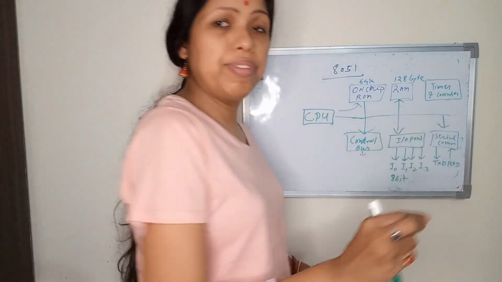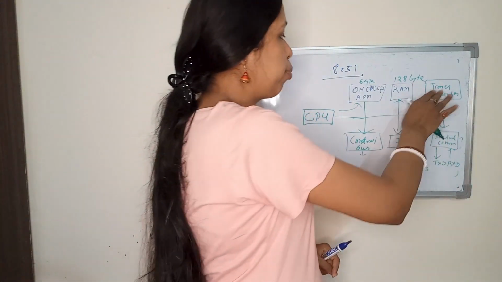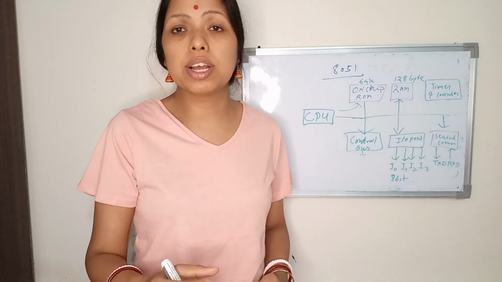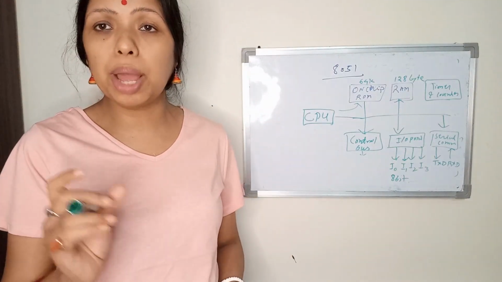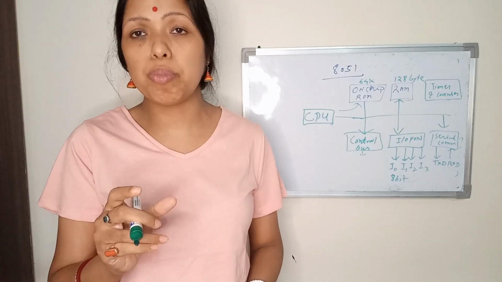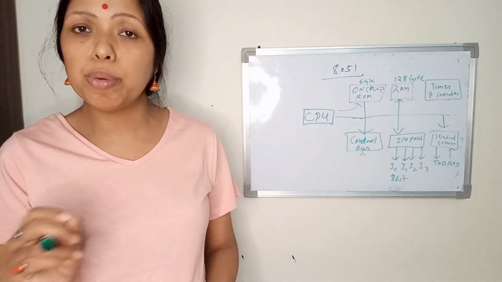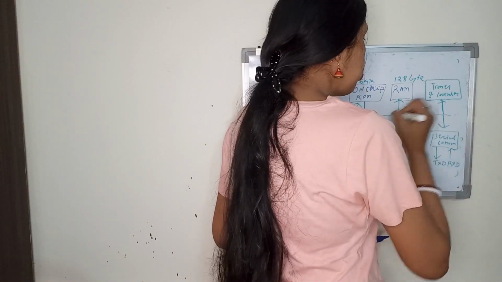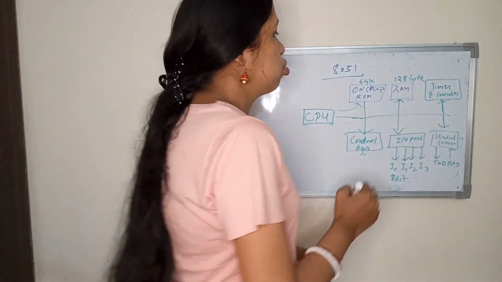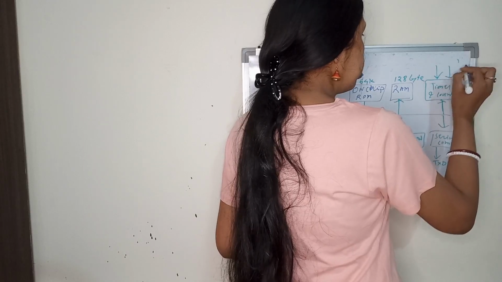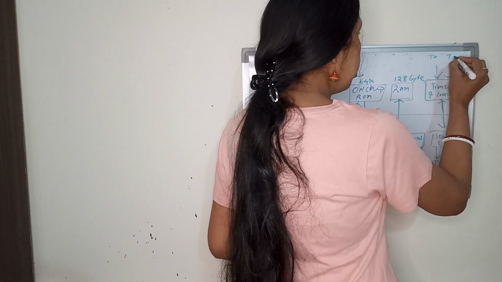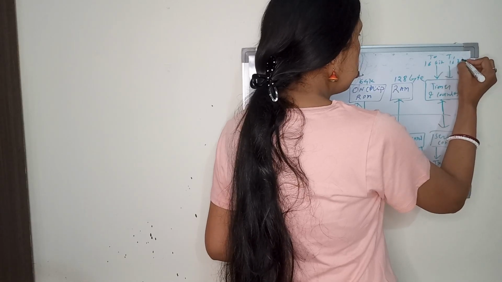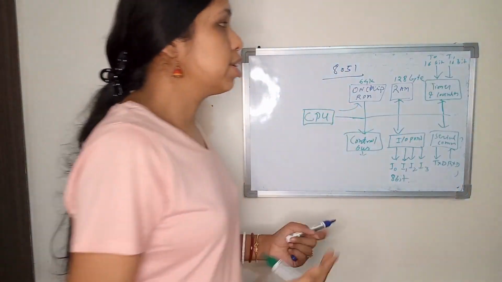Serial communication is a little bit difficult to remember, but the timer and counter I have already told about: the microcontroller can perform a specific task within a specific time. So timer and counter is also one of the important parts of the 8051 microcontroller. There are two timers, T0 and T1.